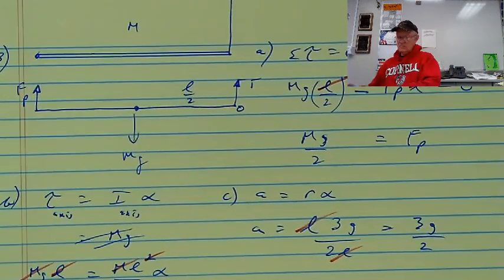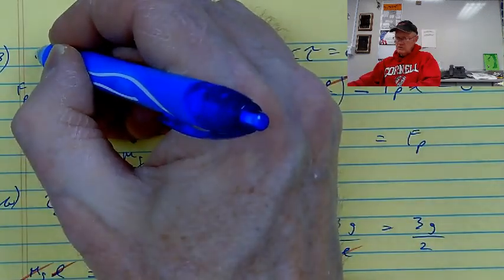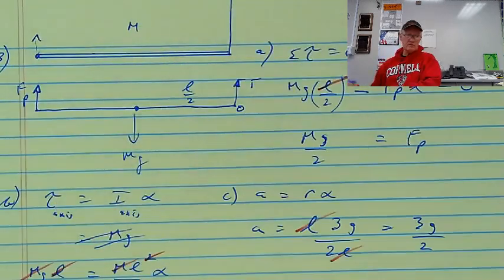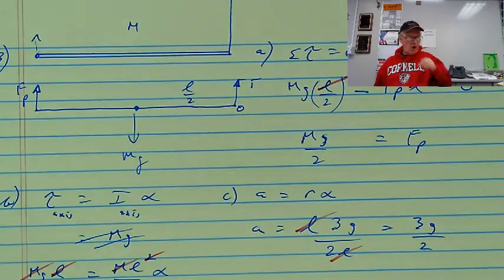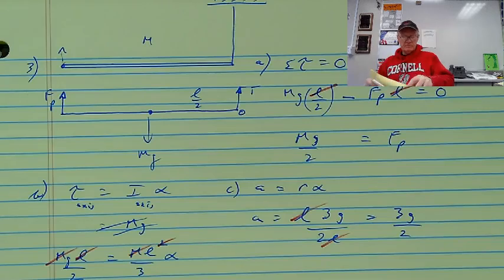Would it go down? Let's talk about Newton's second law. Let's do part D right here. So the sum of forces is equal to mass times acceleration. We're going right back to Newton's second law. What are the forces up and what are the forces down?